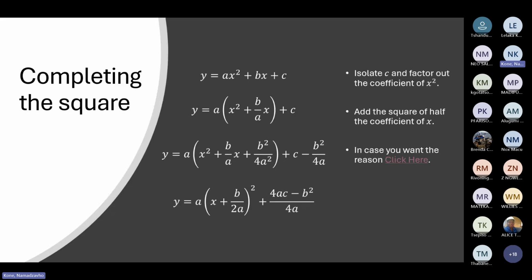That is the basic general form of a quadratic function. The second one is y equals a into x minus x1 into x minus x2. That is what we call the intercept form of a quadratic equation, where x1 and x2 are the x-intercepts in a quadratic graph.